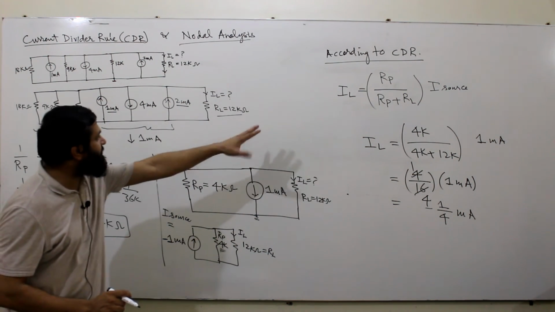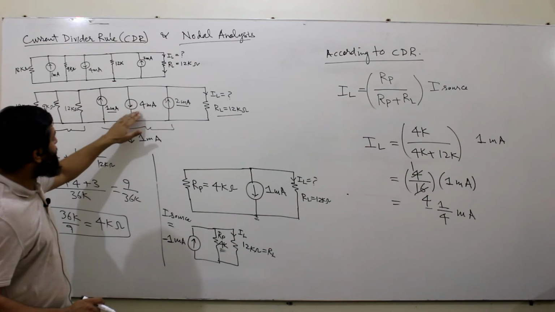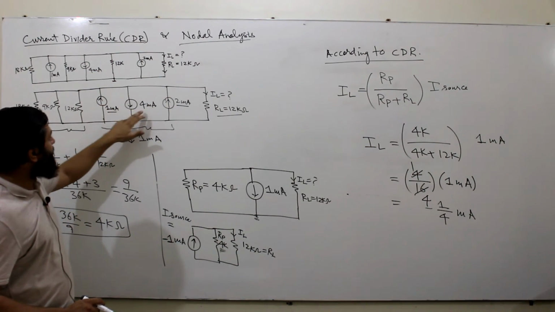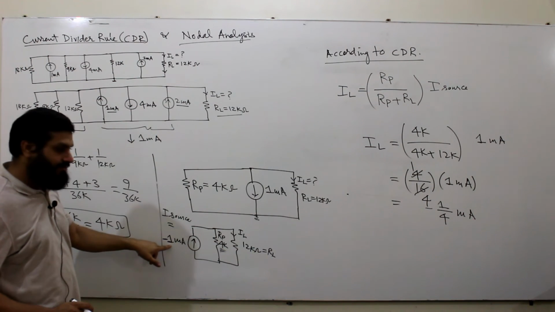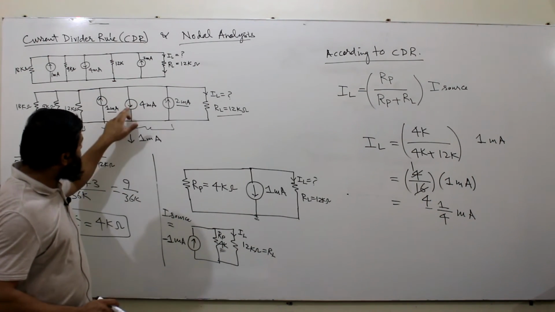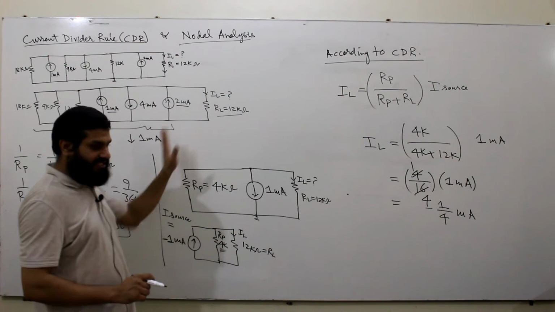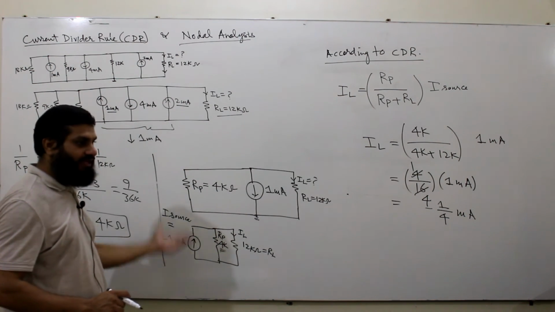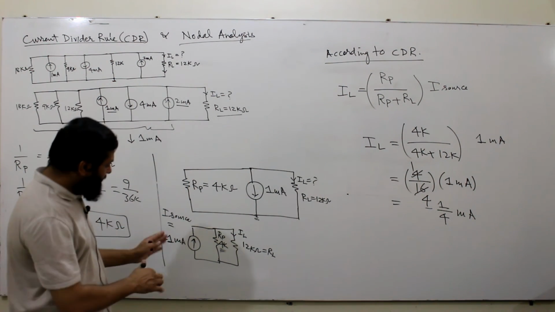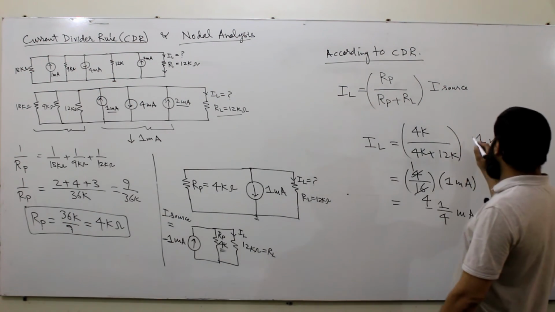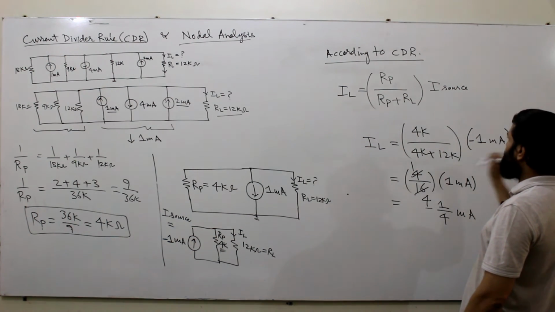Just like the similar philosophy of this, you see here 2 plus 1, 3 minus 4, so this becomes minus 1 as well. If we keep the direction upwards, because this is downward, it is actually the similar way. You can do it this way or that way, it's the same. If you do it this way, then the minus will automatically appear here.